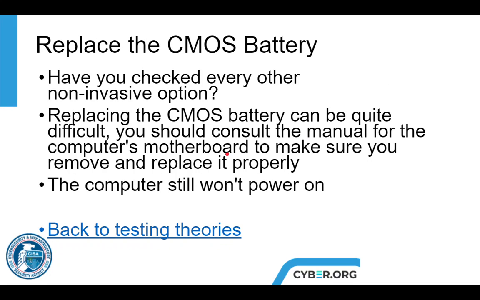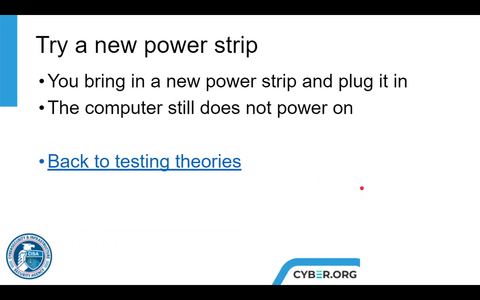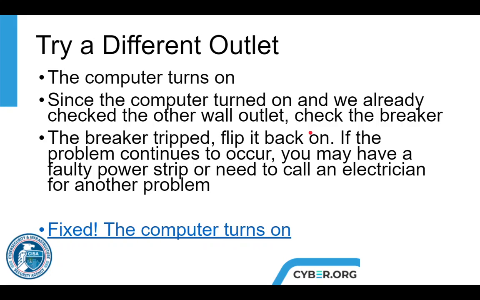We replaced the CMOS battery. Again, based on what we've done, this probably wouldn't be super necessary, but it doesn't solve it. New power strip, we already talked about that. We try a different outlet. This is probably what most people would actually try last as well. So we try a different outlet, and lo and behold, the computer turns on.